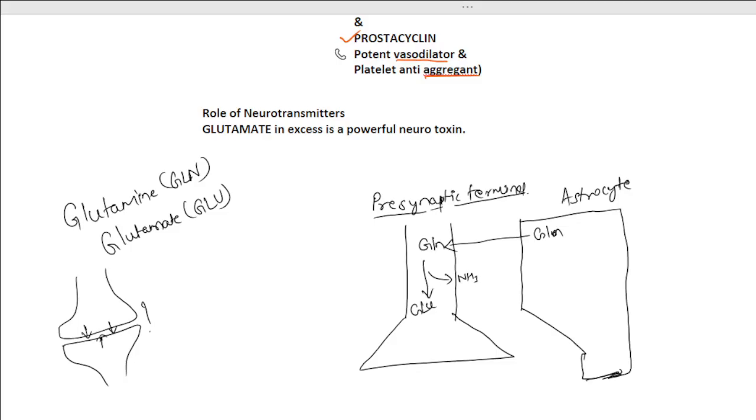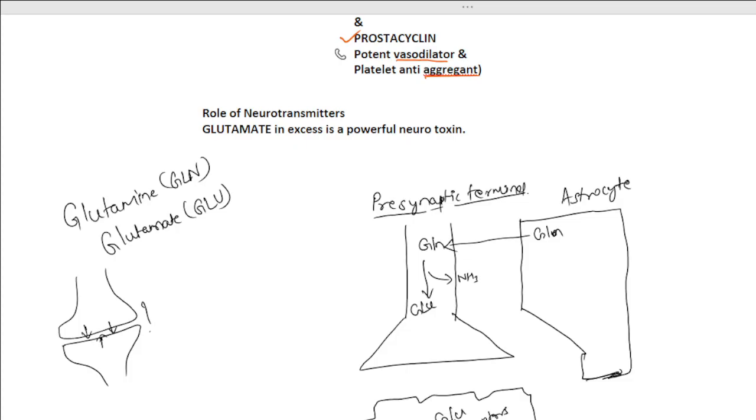suppose this is a schematic diagram of the postsynaptic dendrite. Okay. Postsynaptic dendrite. Okay. Here what is happening? Here there are glutamate receptors.